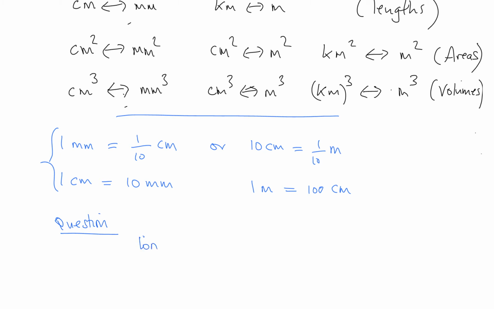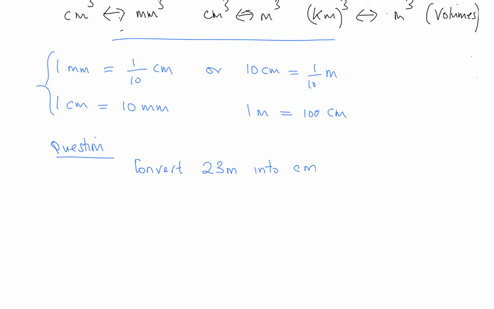so we're going to convert 23 metres into centimetres. And this is the way I suggest you do all of these questions, even the harder questions. What we're going to write is 23 metres is equal to, now let's look at this metre here, just the metre, that's 1 metre, okay, that M is 1 metre.